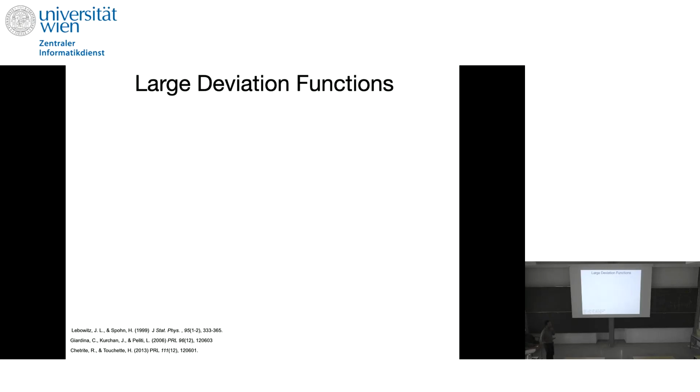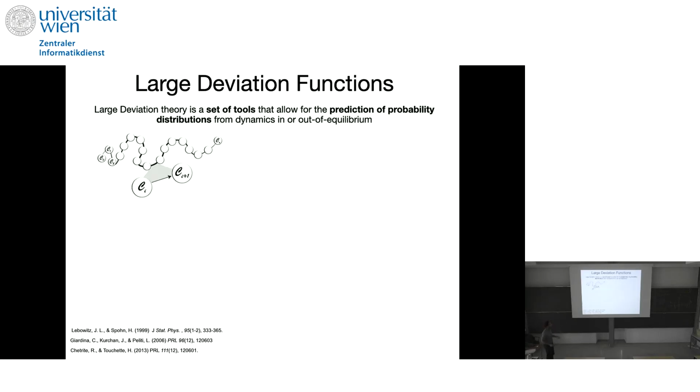Also, what I'll use to study entropy production is large deviation theory. The way I look at it, it's a set of tools that allow you to make predictions about probability distributions in the same way that equilibrium StatMech does, and in fact it's in some way a generalization of equilibrium StatMech. But it's not as powerful because you don't have clear connections to pressure and entropy and so forth.